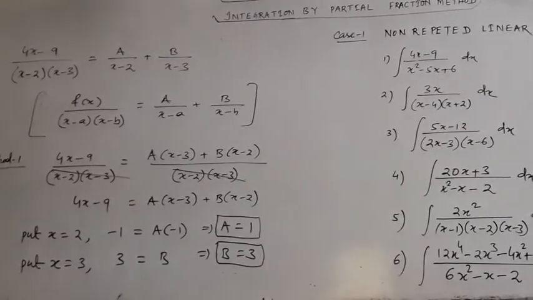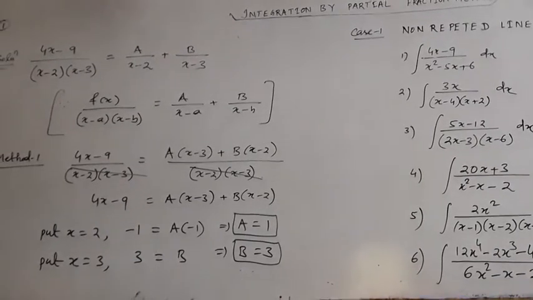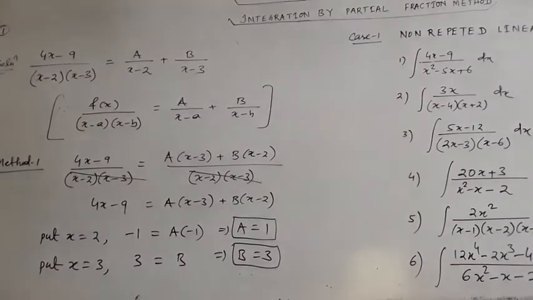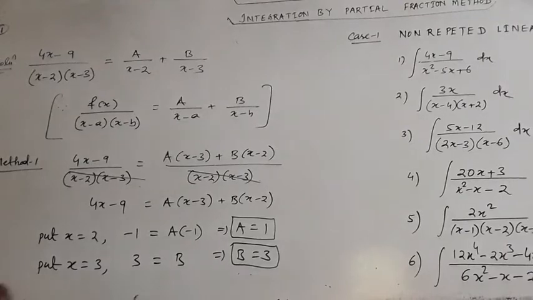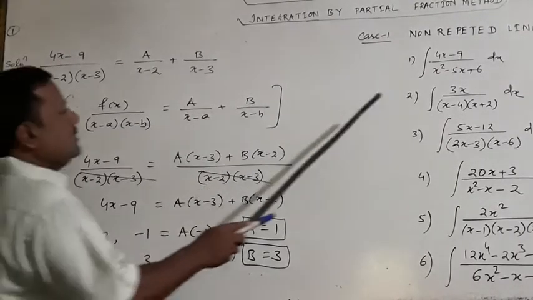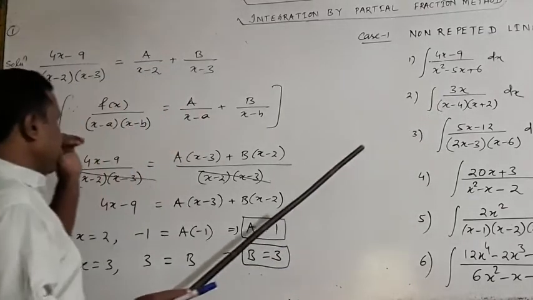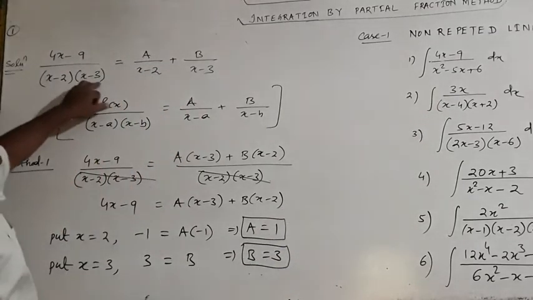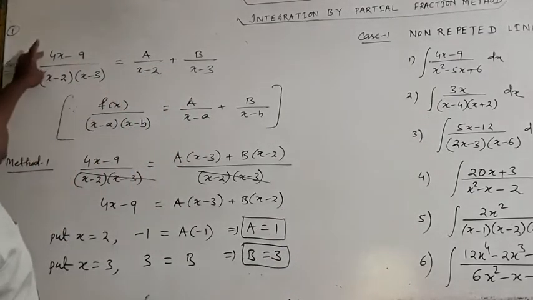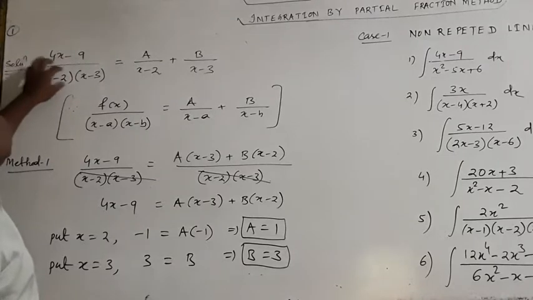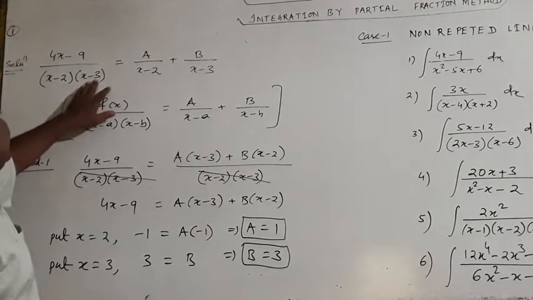The condition was that the degree of numerator must be less than the degree of denominator. As you know, x² − 5x + 6 is (x − 2)(x − 3). So I am writing (4x − 9)/((x − 2)(x − 3)).